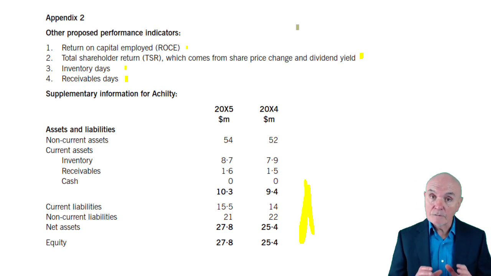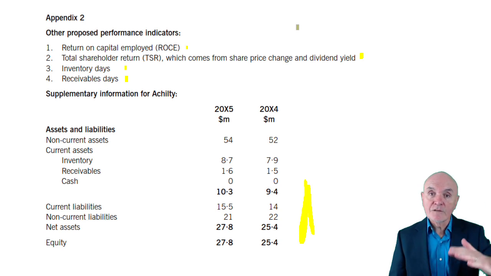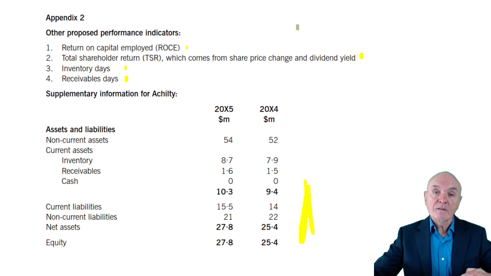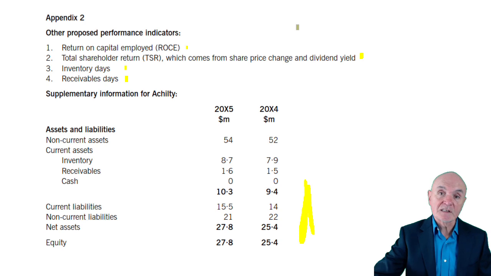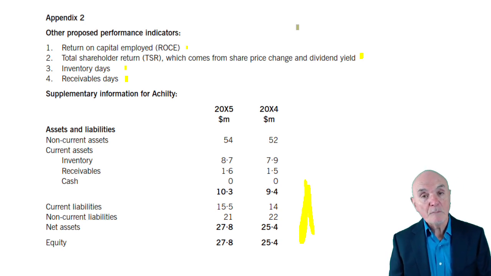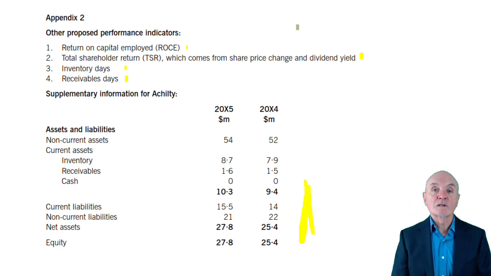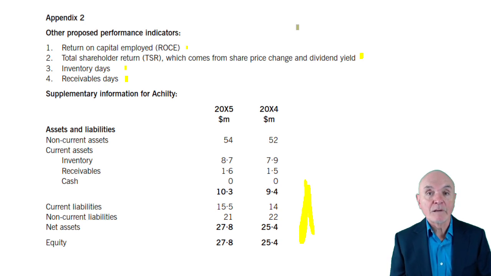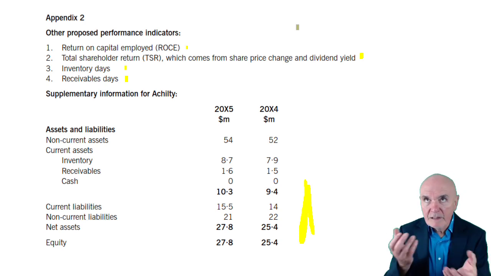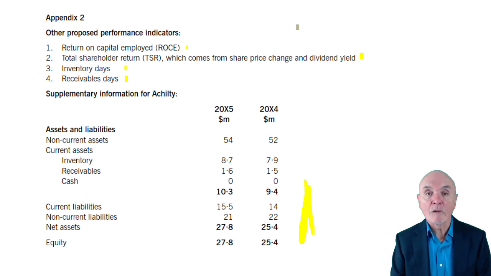On first glance, that looks good, but it's worthwhile saying that you can easily lower inventory days, but the trick is not also to lower customer service, because as you lower inventory days, the chances are that you've got more stockouts, people have to wait longer on those goods and so on. But like many of these things, you can't just concentrate on one performance measure. You have to keep a number of balls in the air at once.